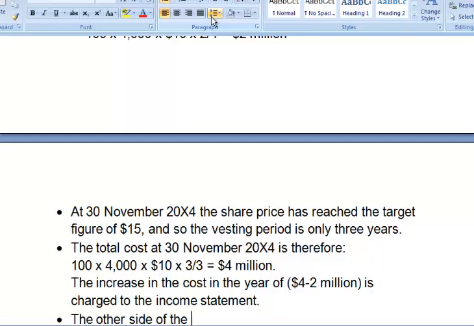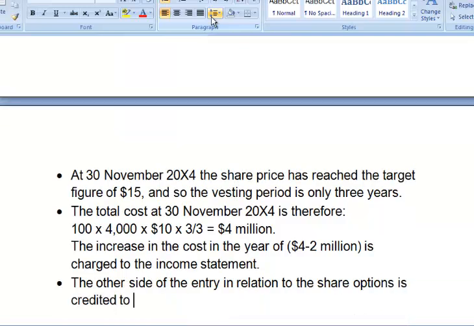The other side of the entry, in relation to the share options, is credited to equity directly, usually in other components of equity.